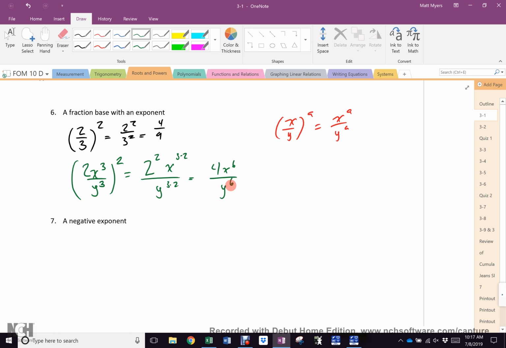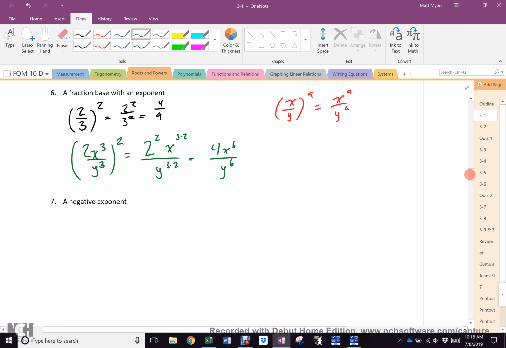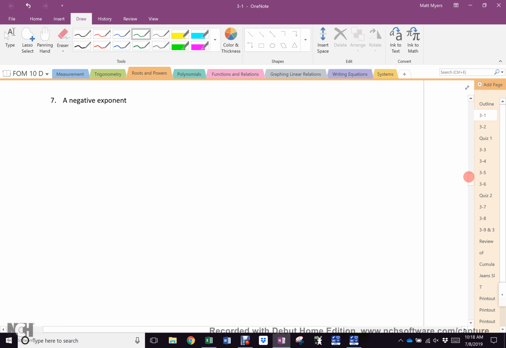All right. Now, many of you should have seen negative exponents already. Hopefully. Some of you in grade 9 maybe haven't seen what we're about to do. But it's really easy when you think about it. Remember how I said we have to remember that pattern for why the exponent of 0 is 1. Let's do that pattern right now. 2 cubed is 2 times 2 times 2, which is 8, correct?